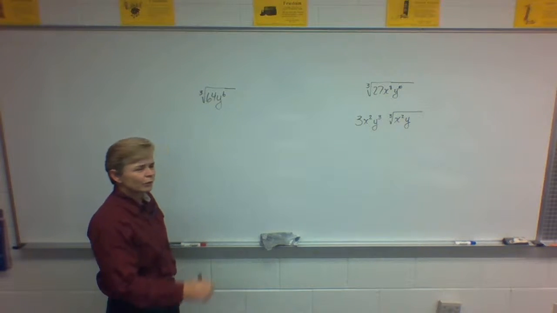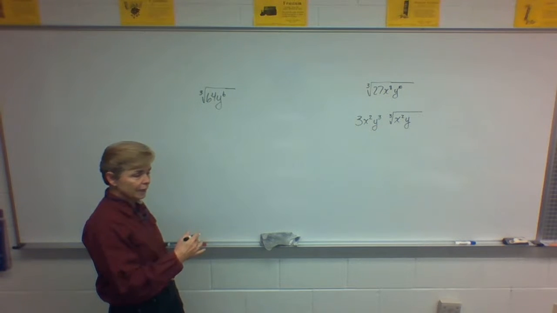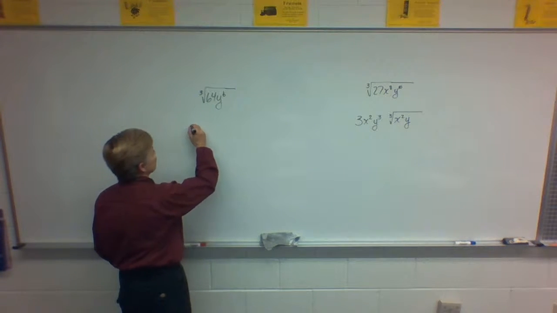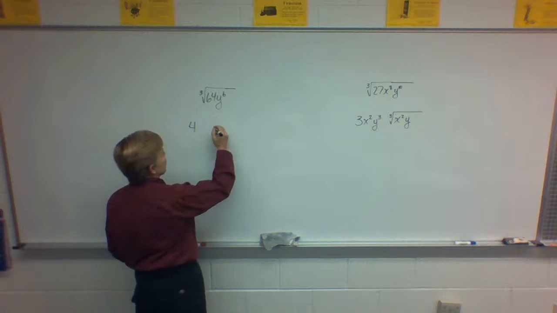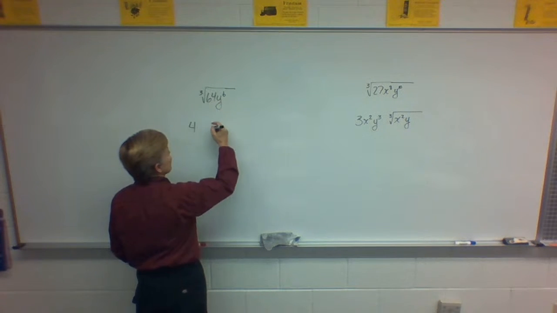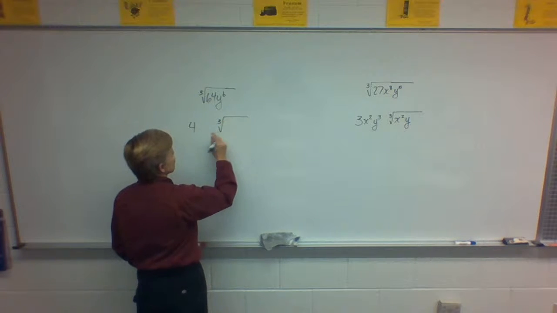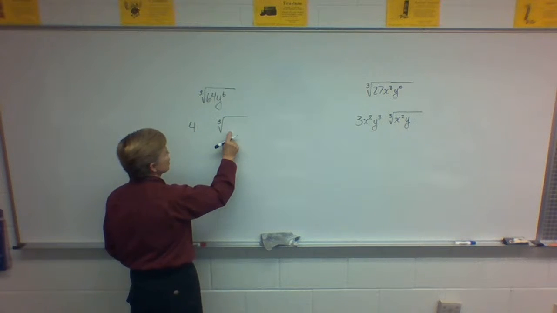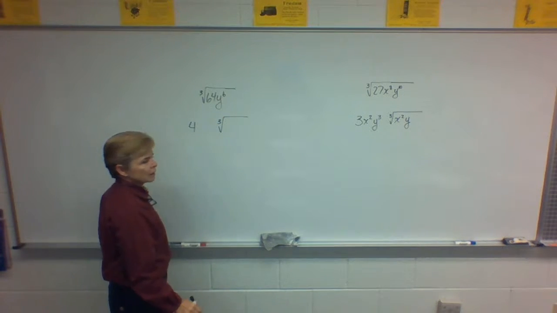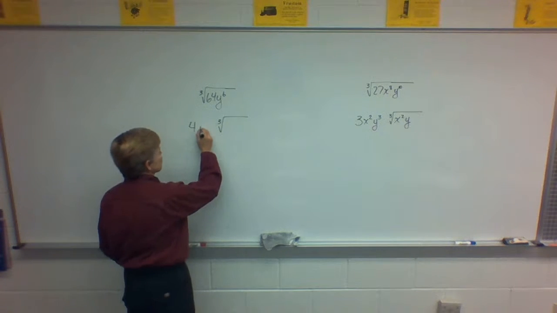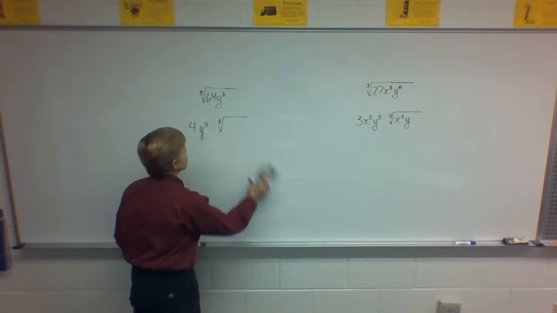Yes. Good, then we don't need to prime factor. It's the perfect cube of what? 4. So I put a 4 here, and I recognize that all of the y's are going to come out because 3 goes into it. If you didn't, you would leave a gap here and keep track. There's no numbers left over. Now I'm dealing with the y's. How many groups of 3 y's are there? 2. Is there any left over? No. Okay, so I have y cubed, and that's it.